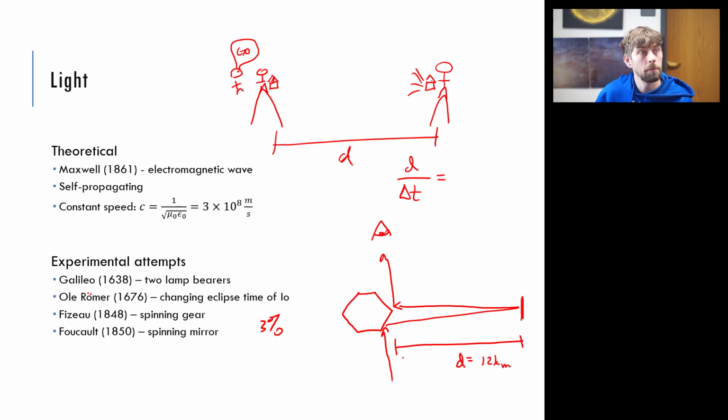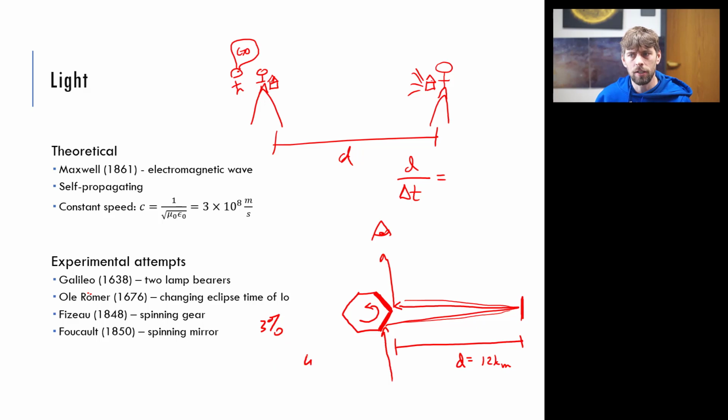And of course, he sets up a mirror. In the time that it takes light to travel the 12 kilometers down and back, the mirror spins exactly 1/6 of the way around, so that the original reflecting face is the rebound face, the second face that the reflection occurs off of. And this gave him a way of accurately measuring the timing intervals.